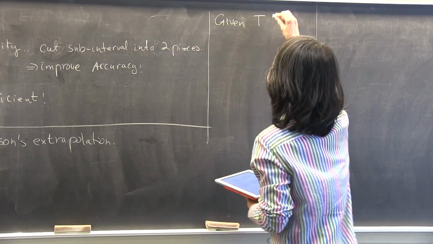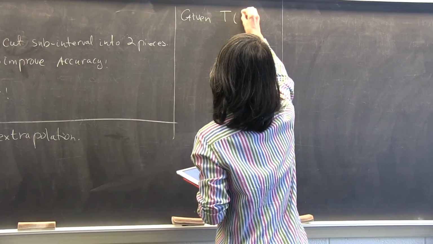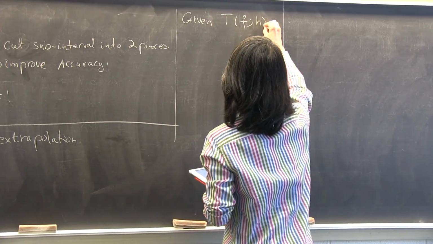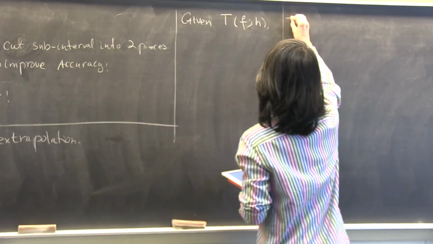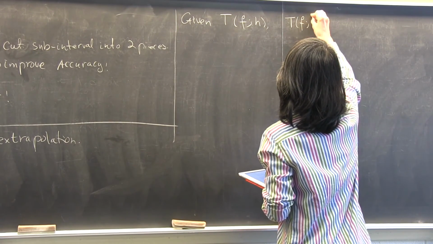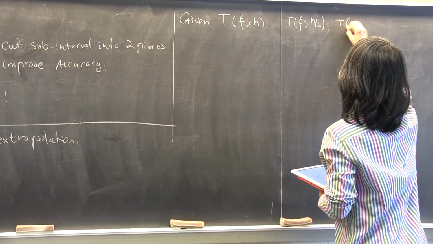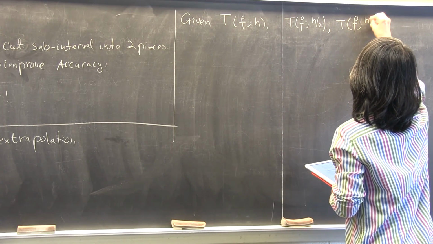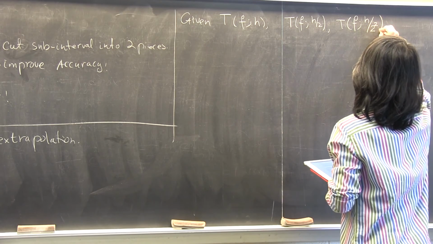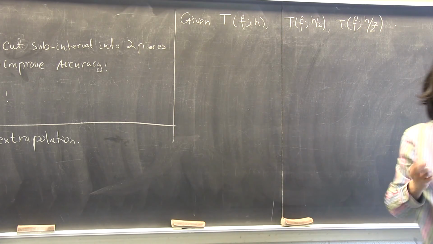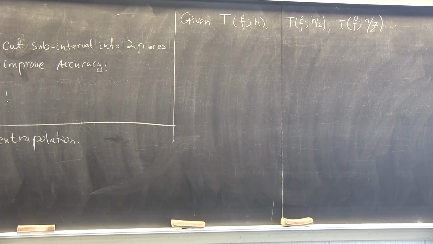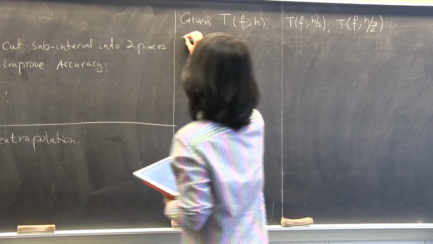So given, let's say, this computation of the trapezoid rule for f with a certain h, and then you halve the grid size and you have another one, and let's say you halve the grid size again, you have another one. Let's say you have a couple of them, 3, 4, 5, maybe 8 of them. Given that, can you come up with some idea?